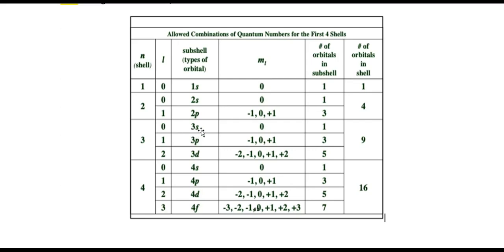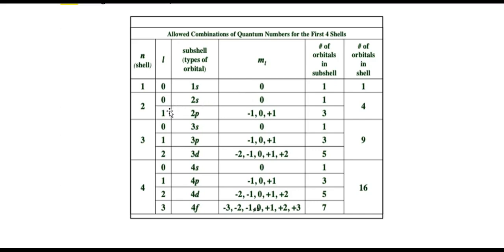Now in this particular column, we have the magnetic quantum number, or m value. For an L value of 0, there is only one value of m, which is 0. In the second principal quantum number, for the value of 0 in L, we have one value of m, which is 0. For 1, we have three values: minus 1, 0, and plus 1. We had seen this in the example.